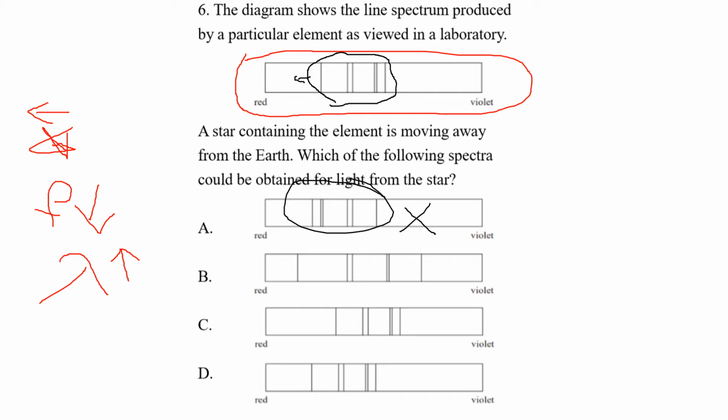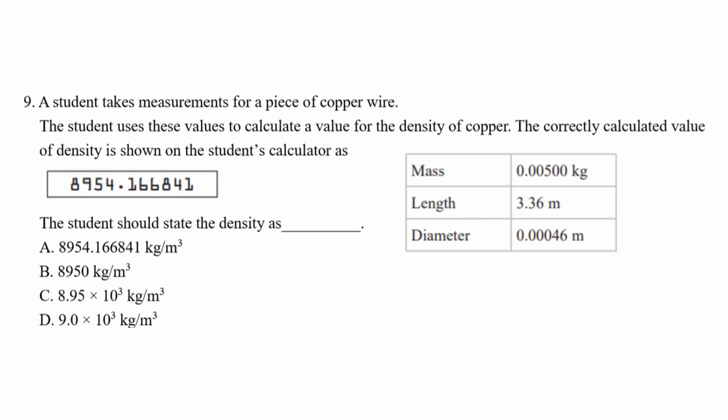It's the same for letter B. Letter C is what we call blue shift, because the lines are moving toward the violet end, so it's wrong again. Only D is the correct answer, as those lines move toward the red end together. Almost more than half of you got the wrong answer in this question.